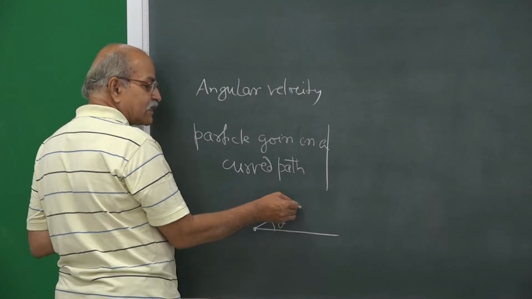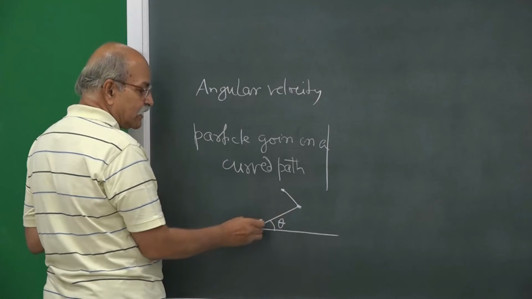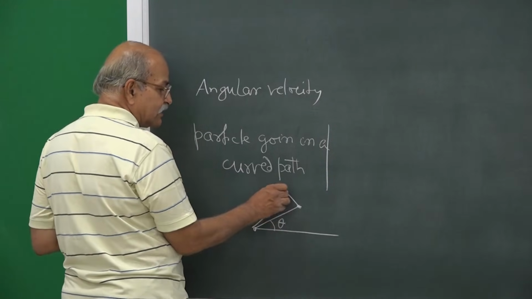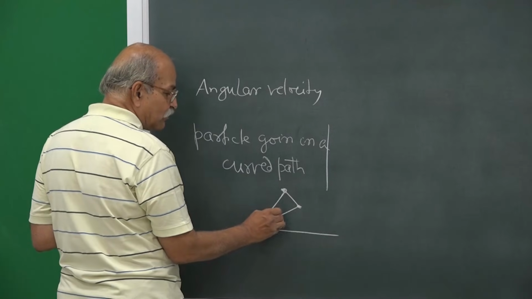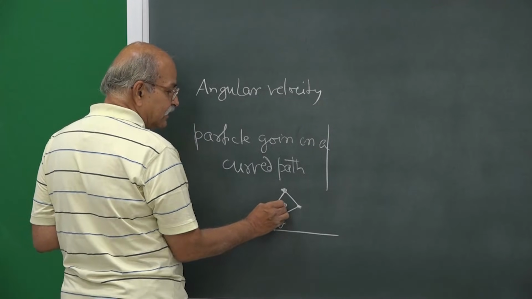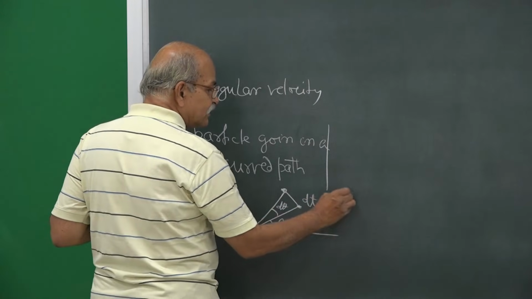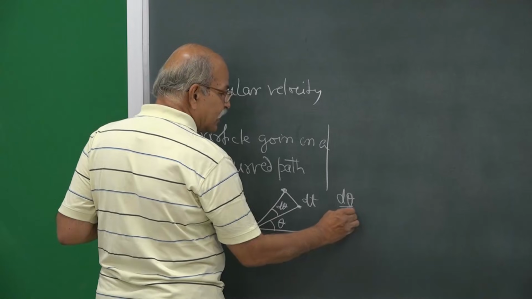So, the particle reaches somewhere else and then you can ask what happened to that theta. That theta is increased, that theta is changed by angle d theta, and if the time taken is dt, then you say that d theta dt is the angular velocity.